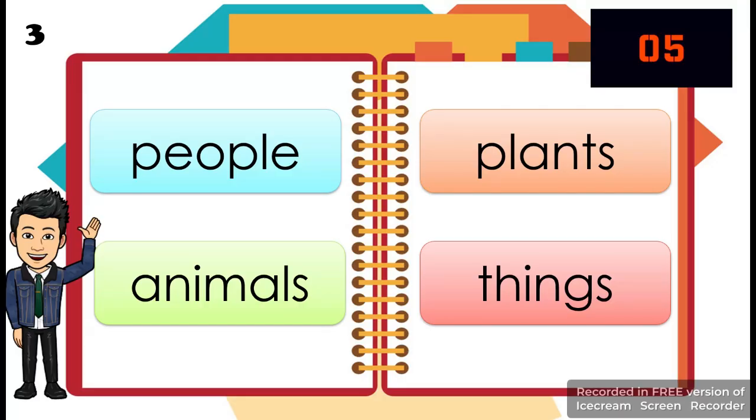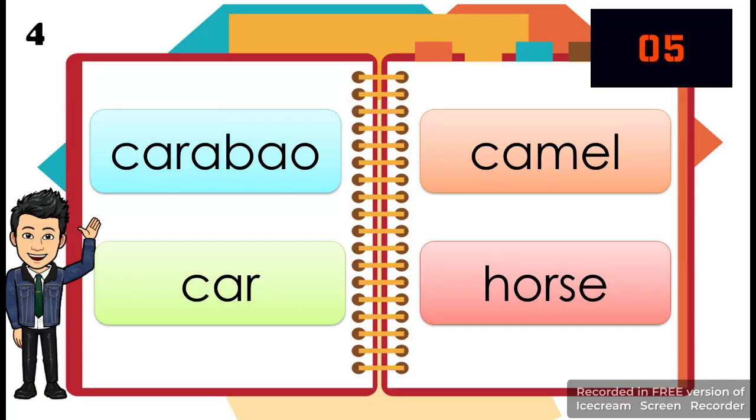Number 3, people, animals, plants, and things. The correct answer is things. Number 4, carabao, car, camel, and horse.